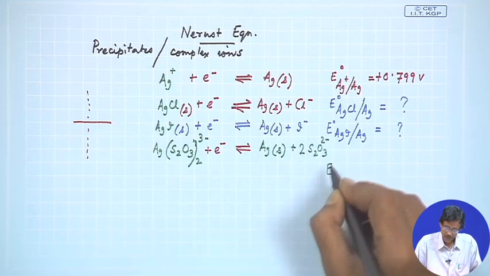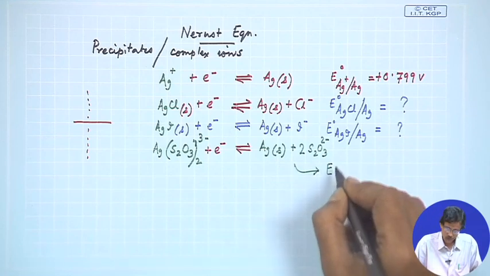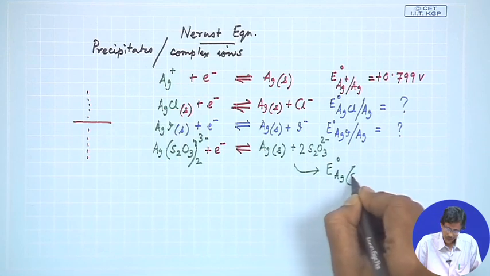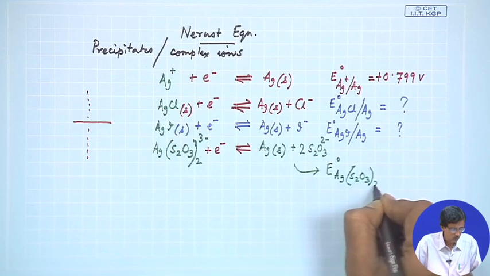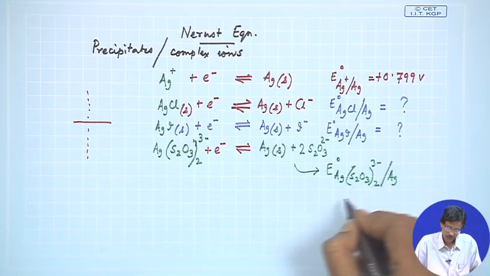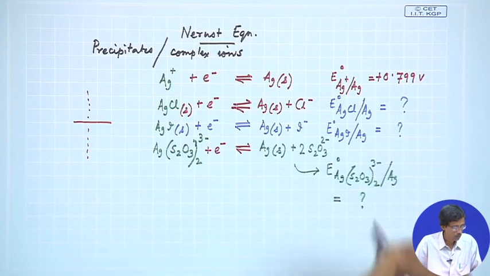And we therefore have the corresponding E0 value for silver thiosulfate complex 3 minus against silver; we should know this value also.